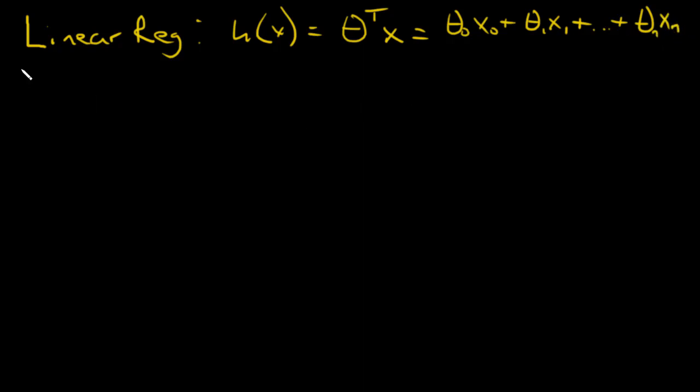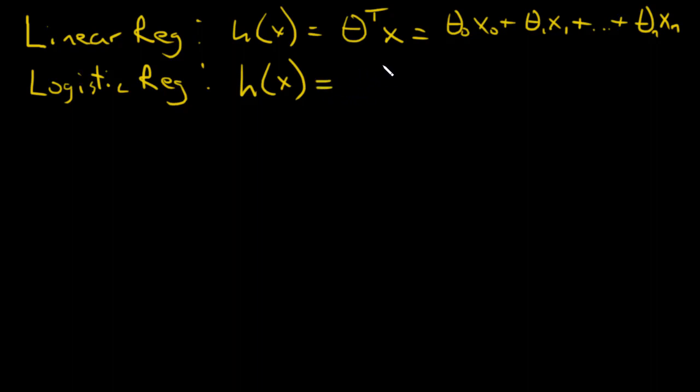Then as we moved into logistic regression, the hypothesis function needed to map into a value between 0 and 1, so we use the sigmoid. That is 1 over 1 plus e to the negative theta transpose x.